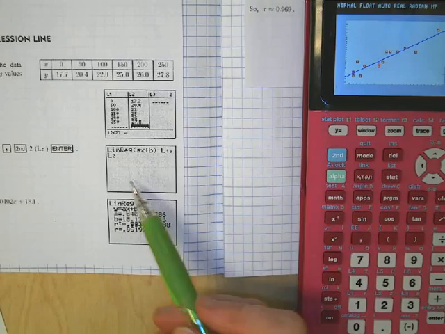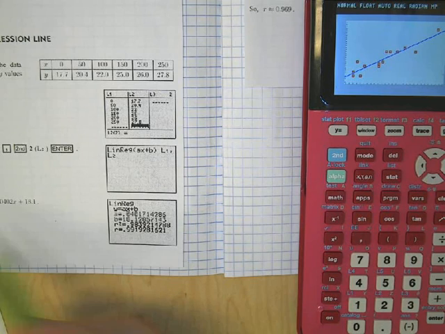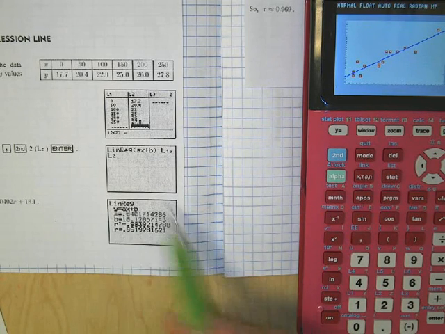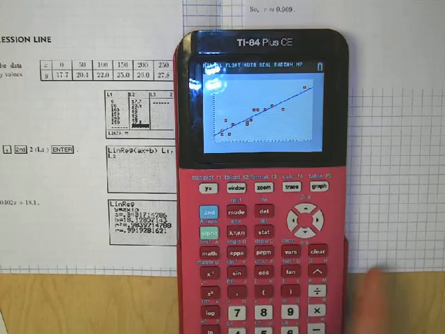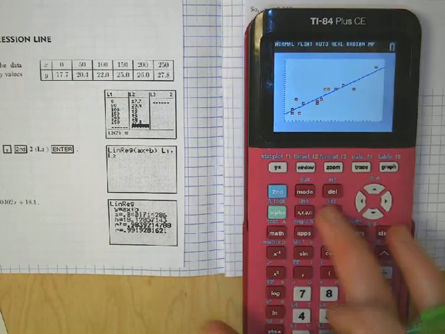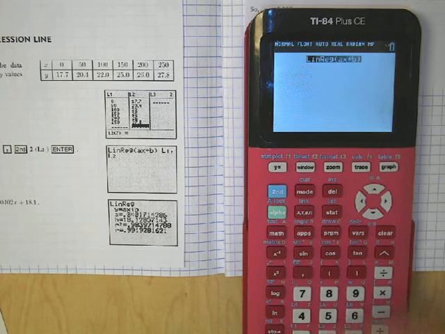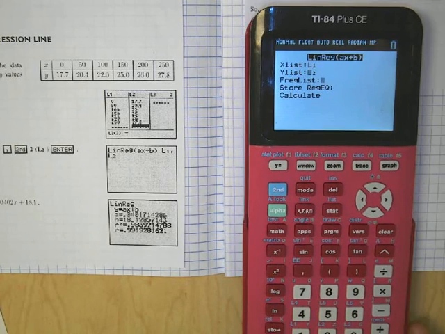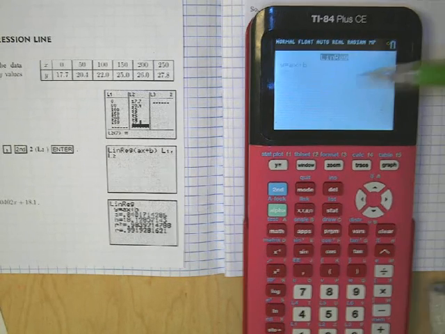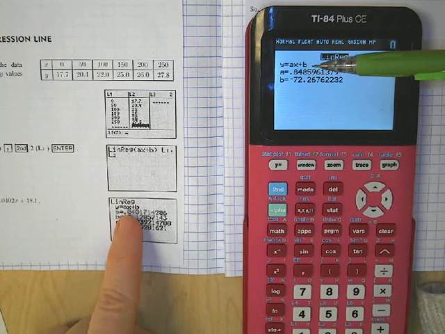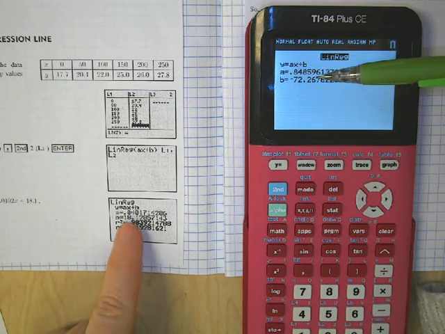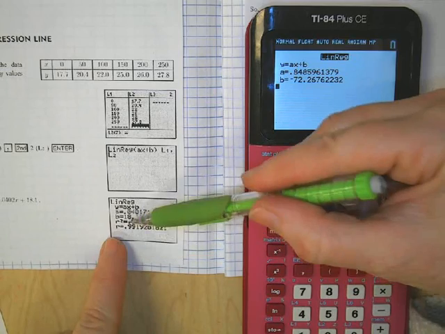Notice over here when it was saying to find the line of best fit, the least squares regression line, it said that the window should look like this, but when we actually looked at our window, if I bring that window back up again, notice mine has the y equals ax plus b, and I have the a and I have the b, but I'm missing this r squared and this r.